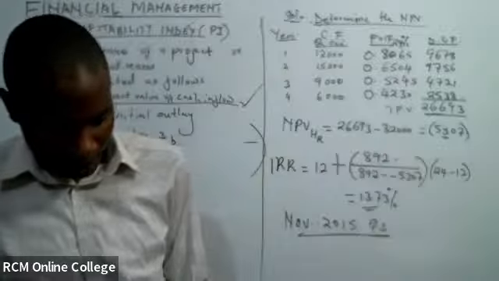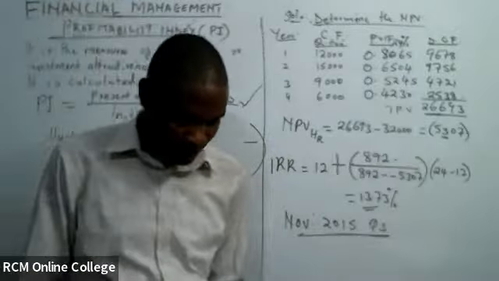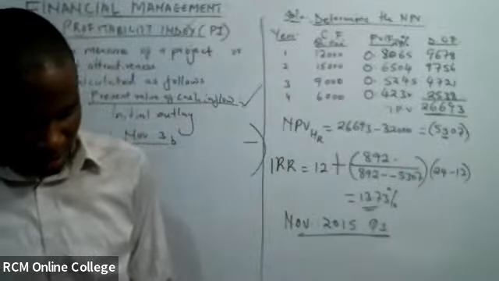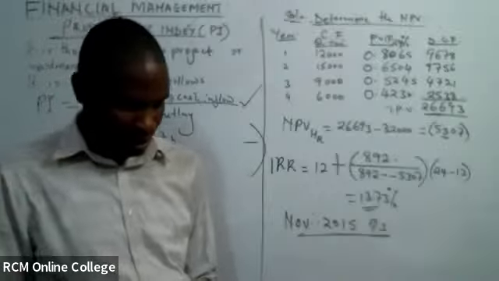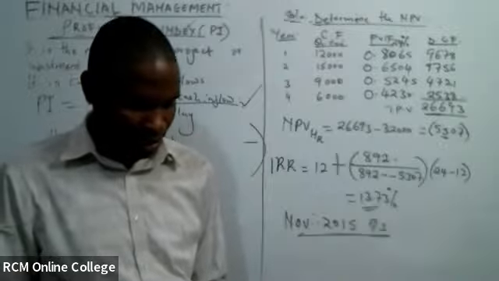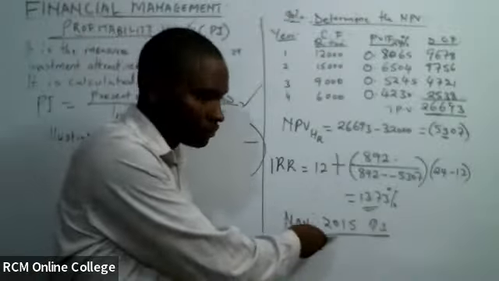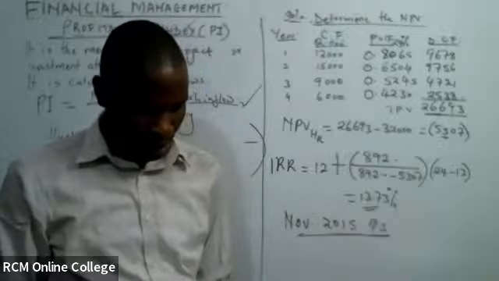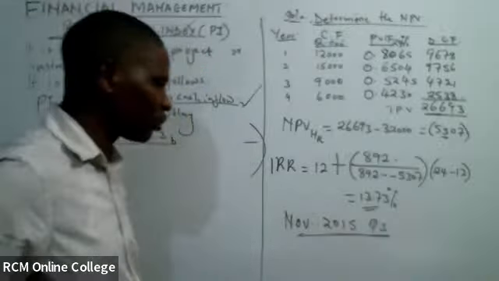Annual cash flow after tax is 21 million. The project economic life is 5 years, and the required rate of return is 12%. You're required to assess the suitability of the capital project using the following methods. Method 1, use the IRR. Method 2, use the profitability index.